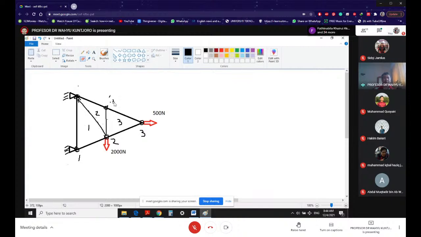For example, you have this number 3, and then this is number 4, sorry, and this is number 5. Right. So let's say we decide that this is our finite element model, and then let's look at question number 3 and number 2.